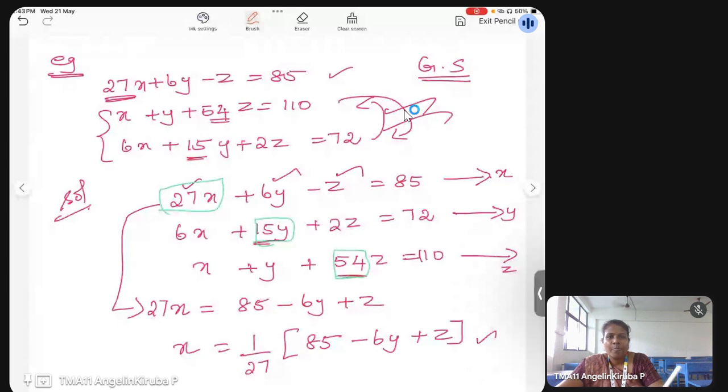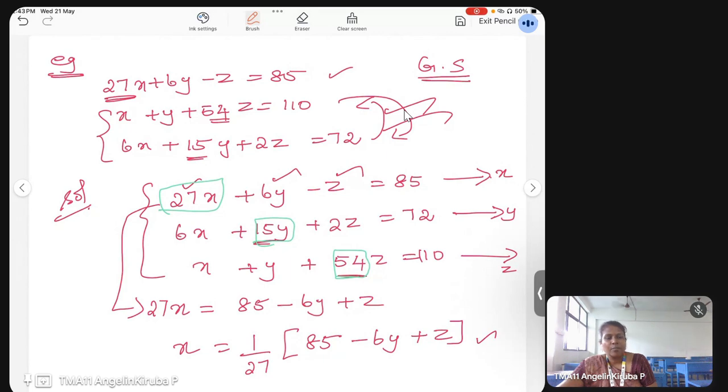So in that case, what we can do is rearrange the equations, and again we have to check whether they satisfy the diagonally dominant condition. If it satisfies the condition, from that we have to find an equation for x, an equation for y, and an equation for z. So after verifying the diagonally dominant condition, we can find the equations for x, y, and z.